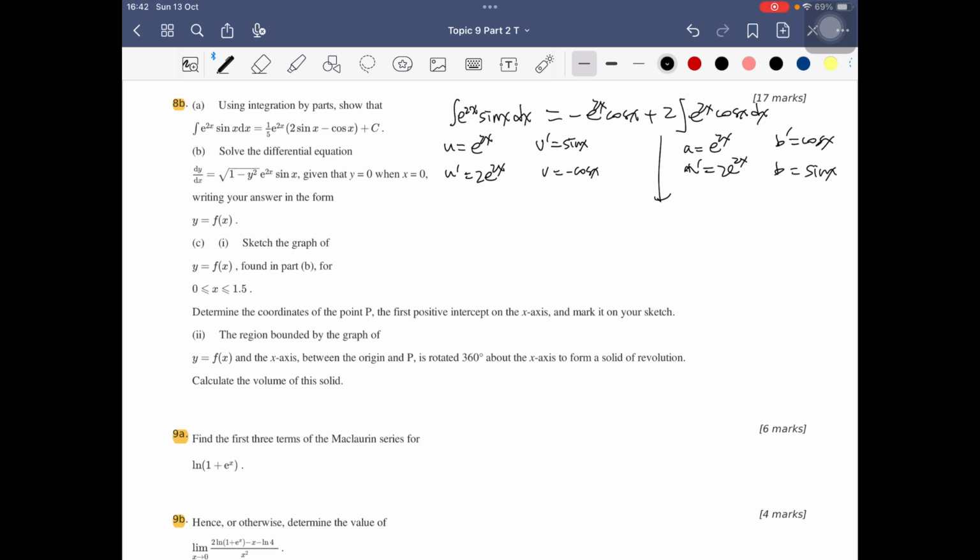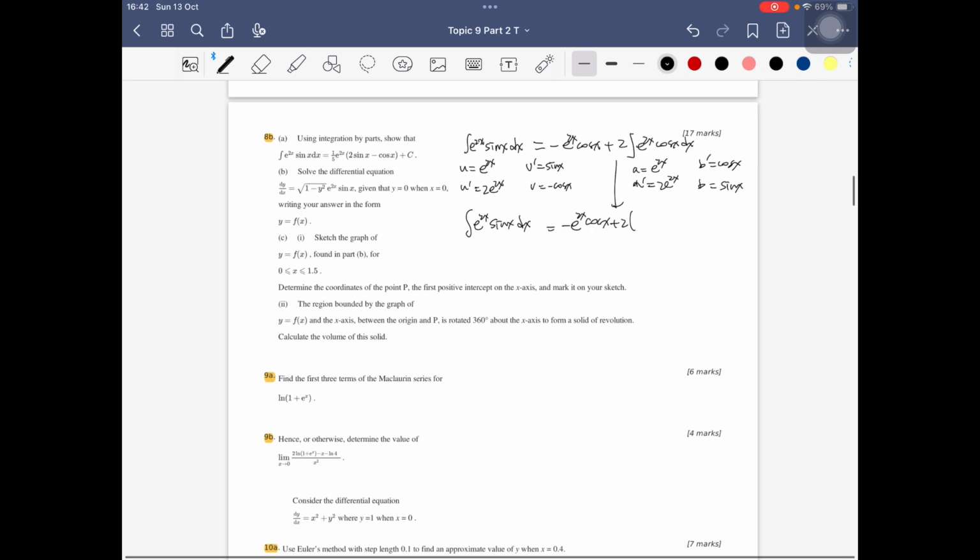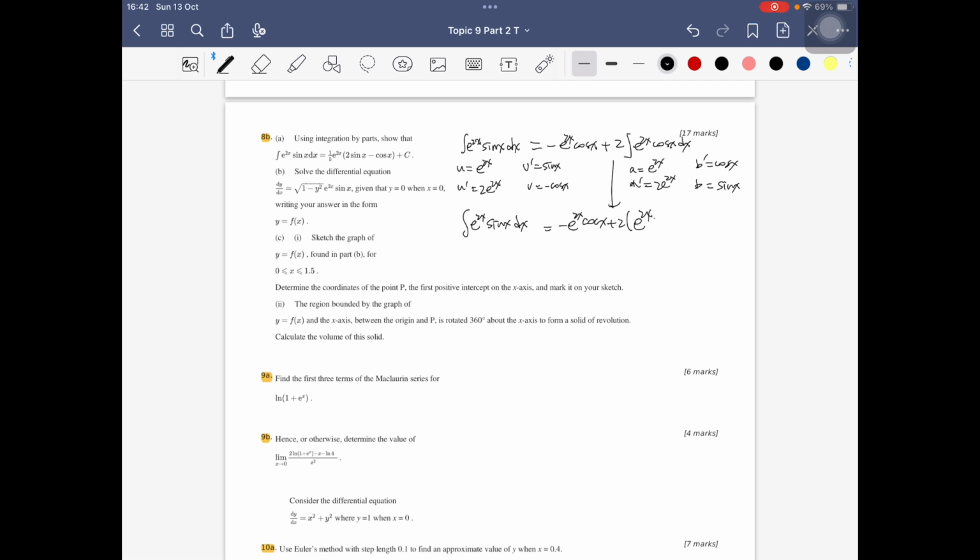So here the integral of e to the power of 2x sine x dx becomes negative e to the power of 2x cos x plus 2 times e to the power of 2x sine x minus 4 times the integral of e to the power of 2x sine x dx. So now we have the same form as the question in the middle of the solving, so we can move this here.